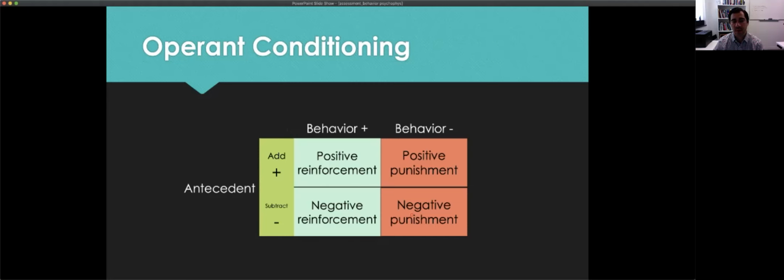Ultimately, what we're trying to understand in this functional analysis is the long-term consequence. Is that behavior increasing or decreasing in relation to that antecedent when something is added or subtracted? I mentioned the idea of giving a client a self-monitoring form to fill out can actually have some positive benefits.